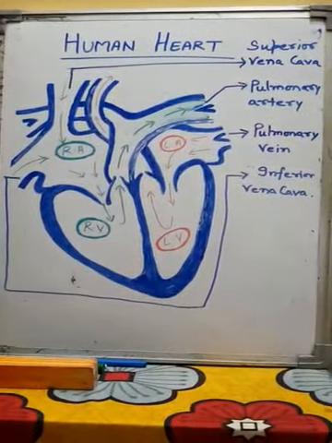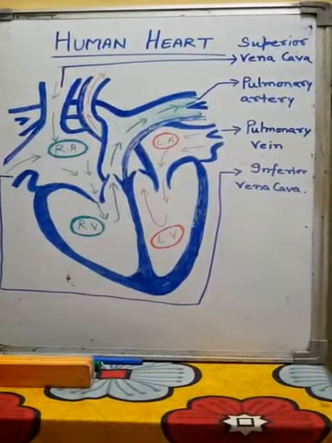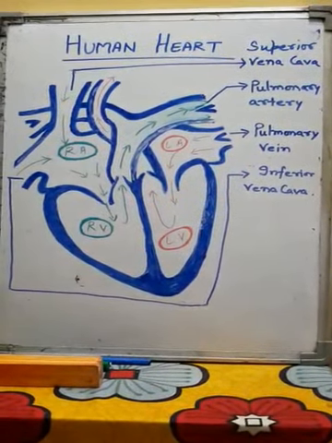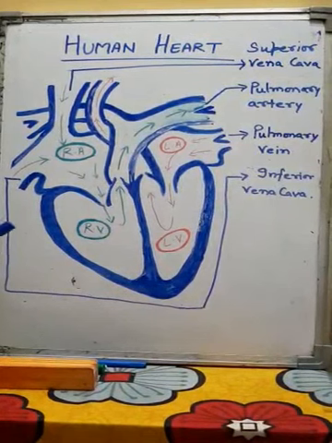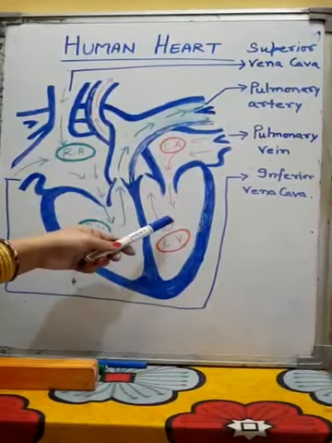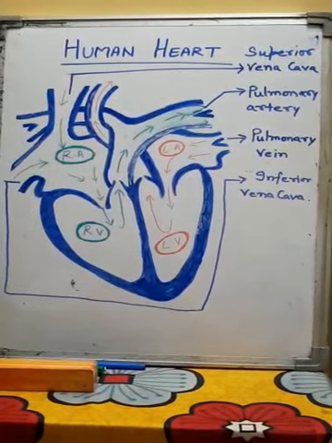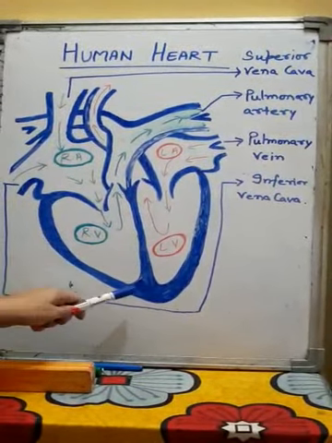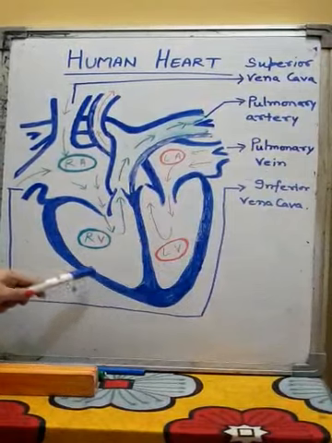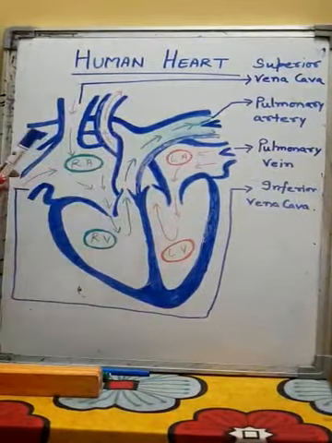Lower chambers are called ventricles, right ventricle and left ventricle respectively. Ventricles are larger and thick-walled. The wall of the ventricle is thick as compared to that of the auricle.